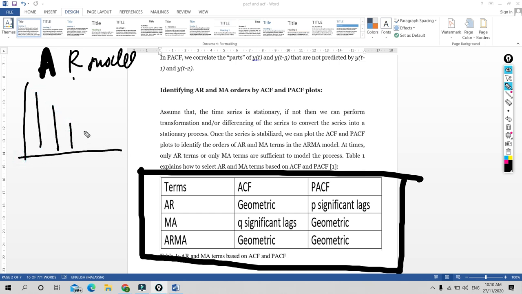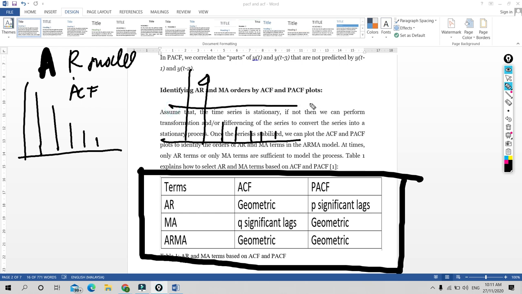This is the PACF, and this is known as an MA model. Kalau dua-duanya decay, kita panggil ARMA model. ARMA is a combination of AR dengan MA. Itu secara kesimpulannya lah. So in conclusion, we can conclude based on the table here.